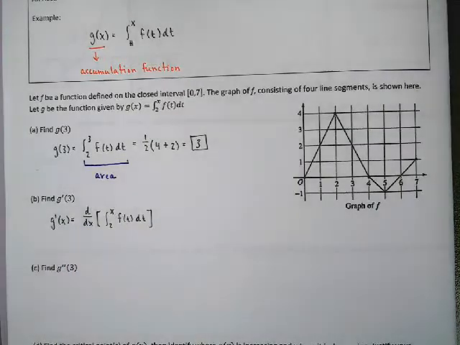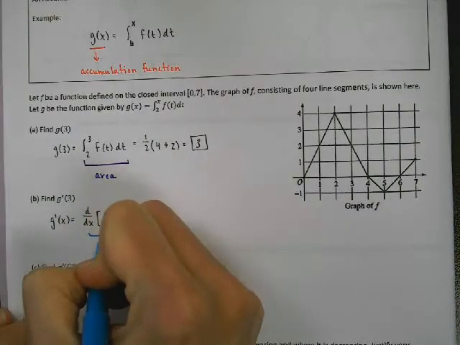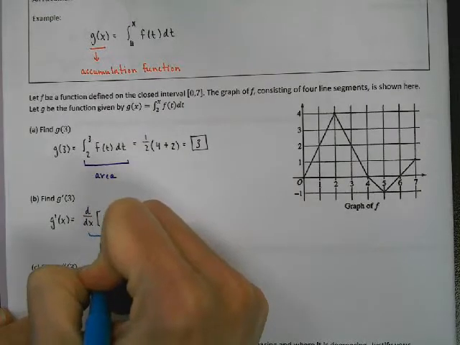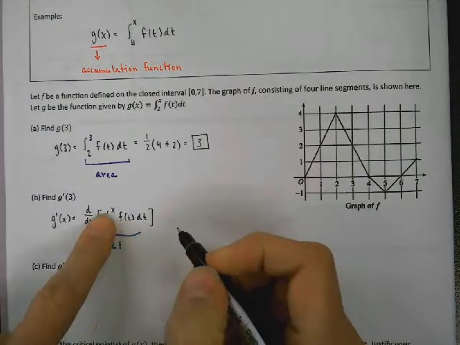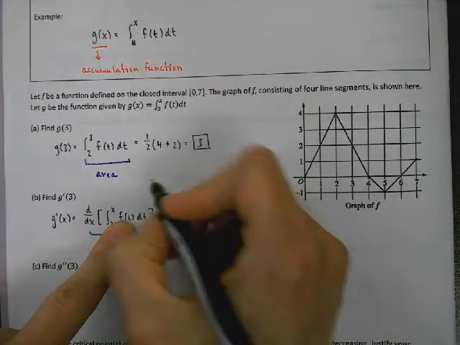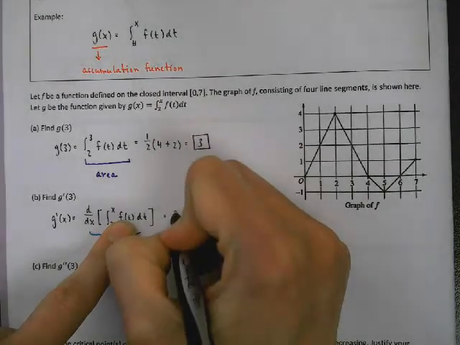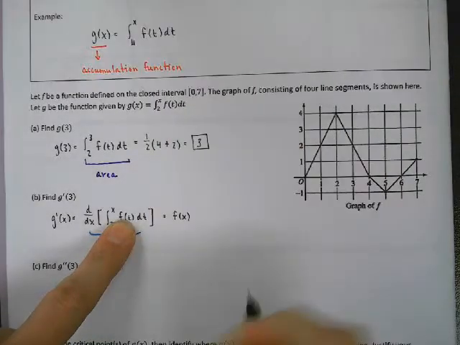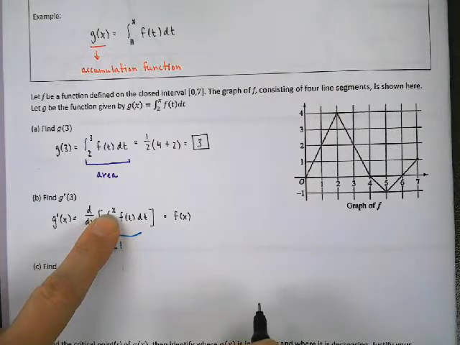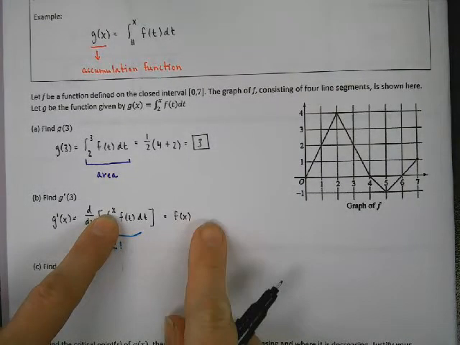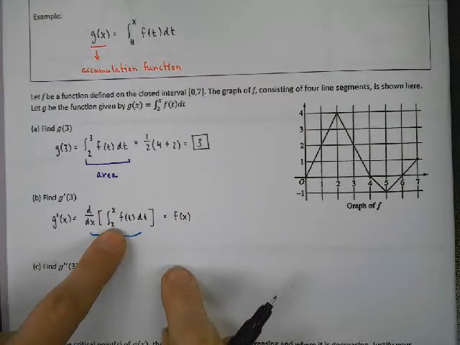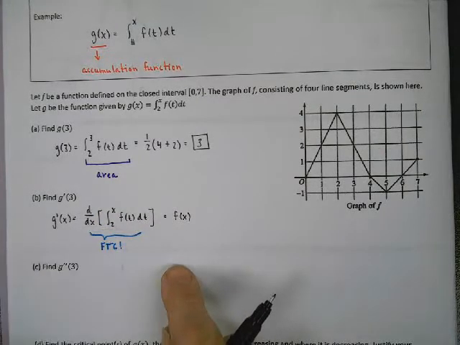And hopefully pretty quickly we should be realizing that this is just the fundamental theorem. Right? Fundamental theorem of calculus says, well, what I do to find that out is I plug in the upper limit. So I have f of x times the derivative of x, which is just 1. And then I subtract f of 2, but the derivative of 2 is just 0.